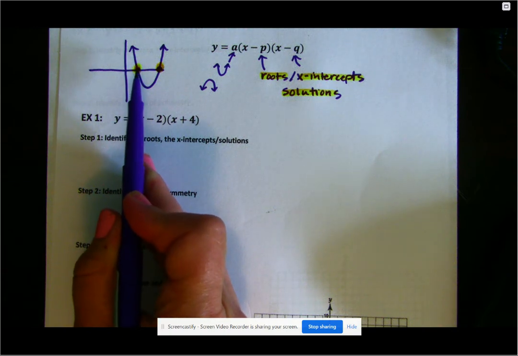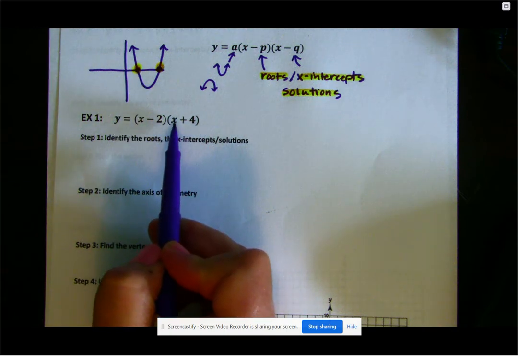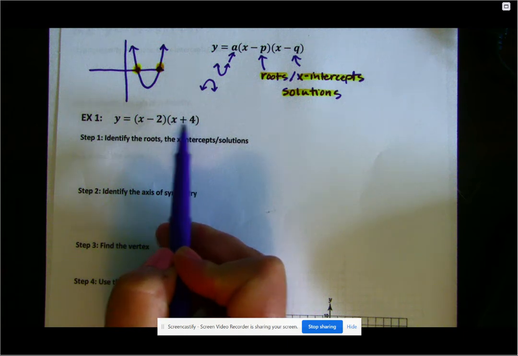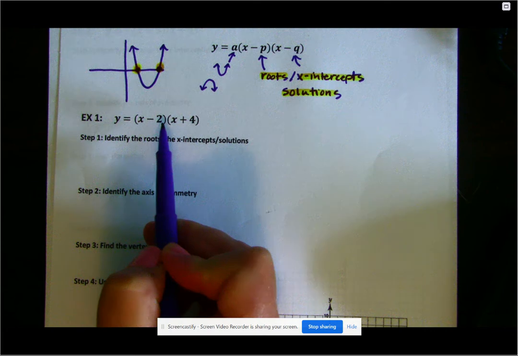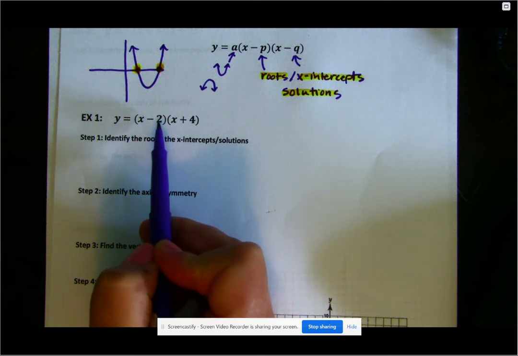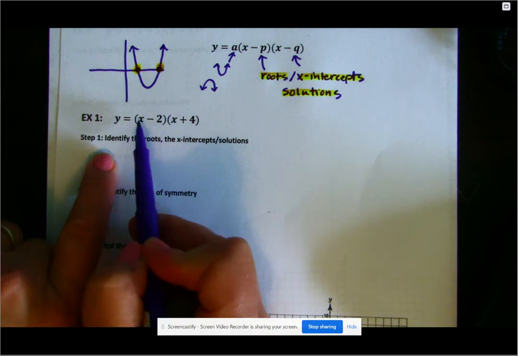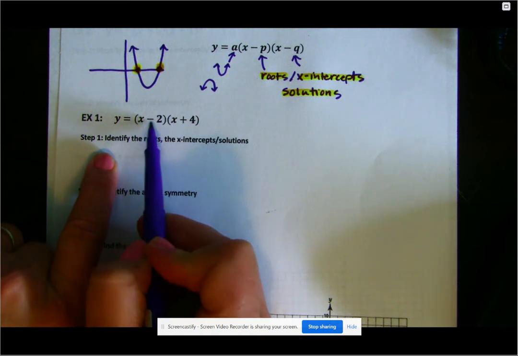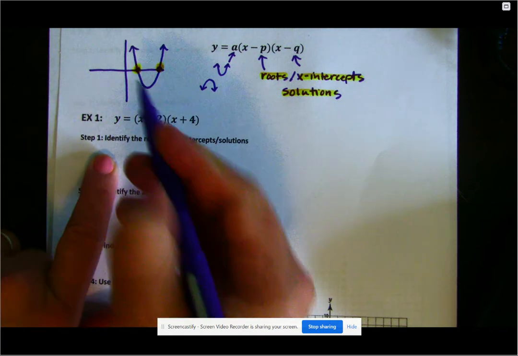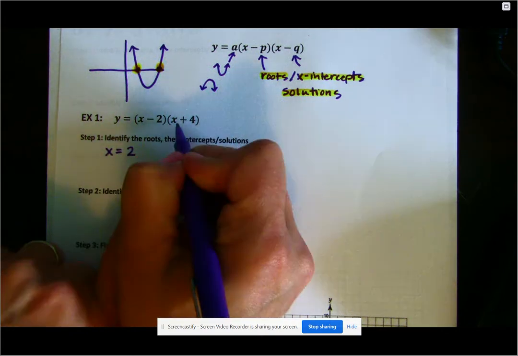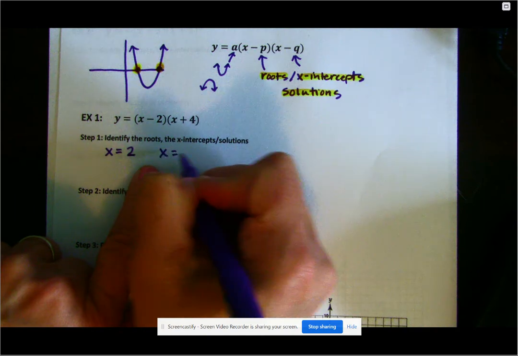You're also asking, what value could you plug into this x to make this set of parentheses 0? So it ends up being the opposite of this number here. So the root is x equals 2, positive 2, and here x equals -4.